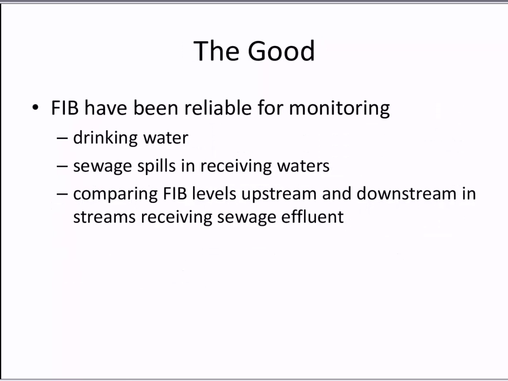Okay, so the good, and I said I was going to talk about the good, bad, and the ugly. So the good thing about fecal indicator bacteria is that they have been reliable for monitoring drinking water, receiving waters after sewage spills, and they've been useful for comparing FIB levels upstream and downstream in streams receiving sewage effluent.